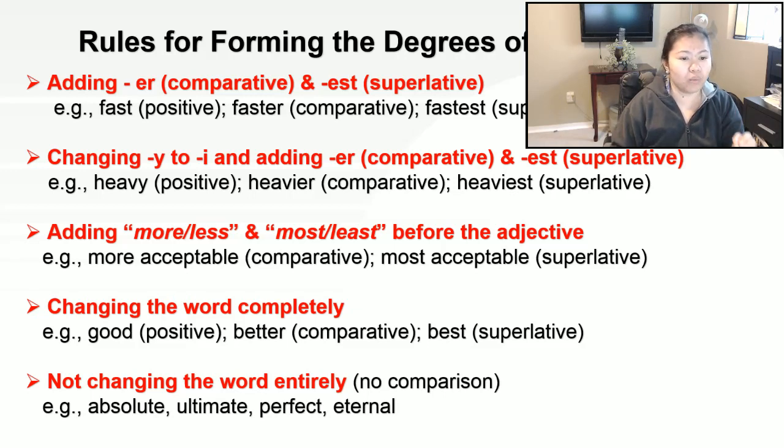What I want you to do is use that form to write down the positive, the comparative, and the superlative forms of the adjective. This time, I'm going to show you again the images that I showed you in the beginning, okay? So this is going to be group work. I'm giving you a few minutes. So are you ready?